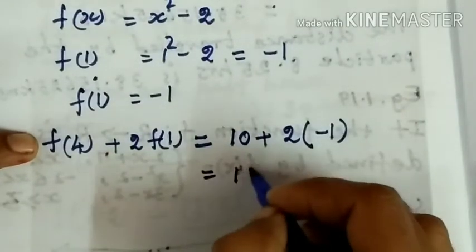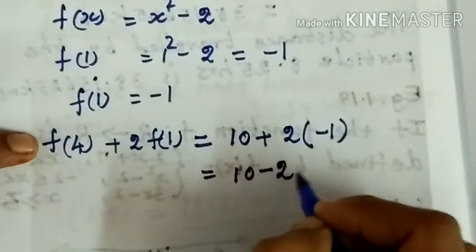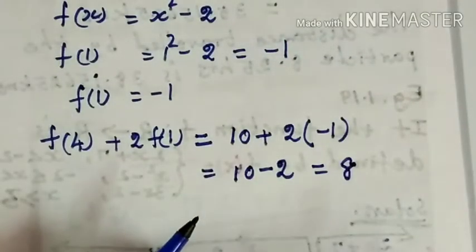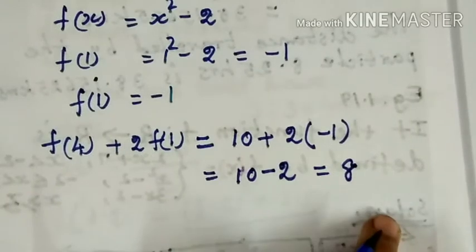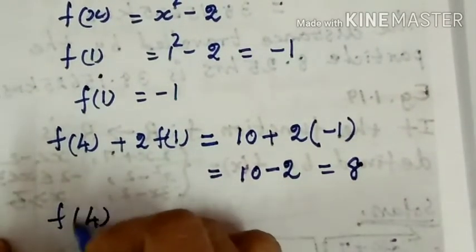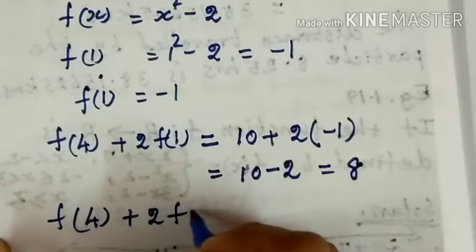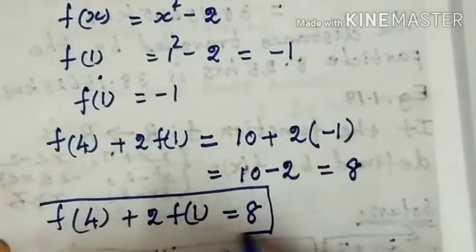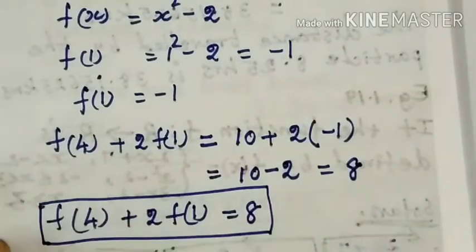Now we get 10 minus 2, that is equal to 8. Hence the answer for the third subdivision is 8. Take down and write the answer. F of 4 plus 2 into f of 1 equal to 8.